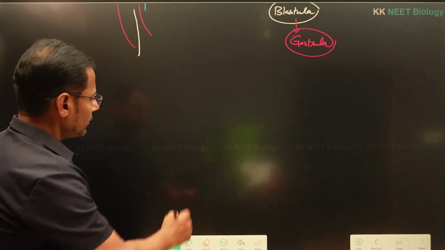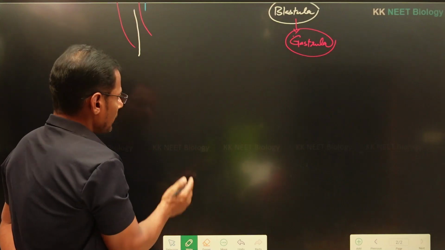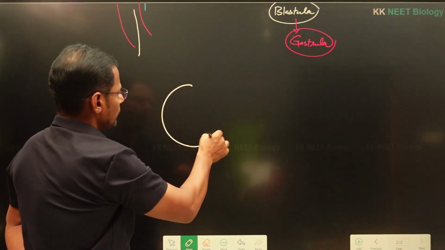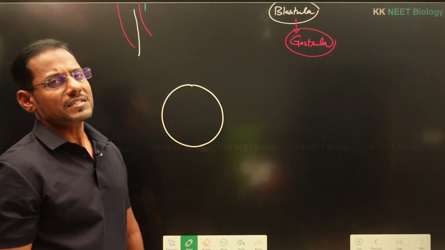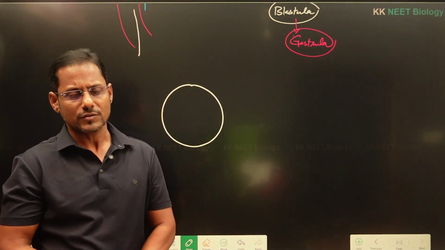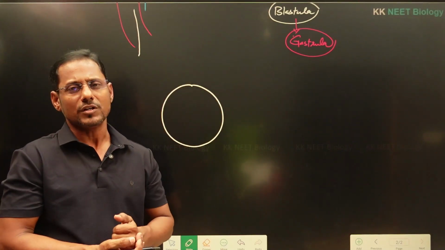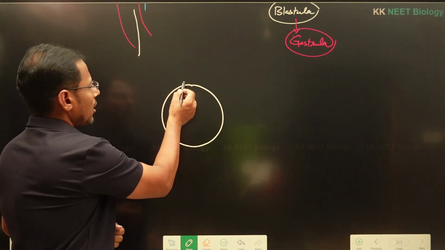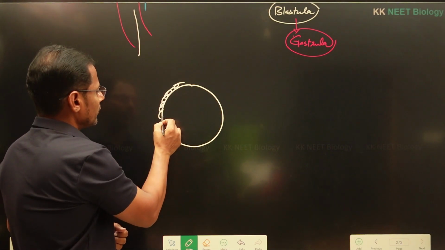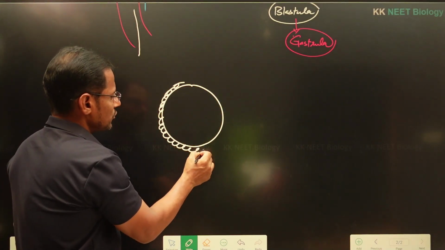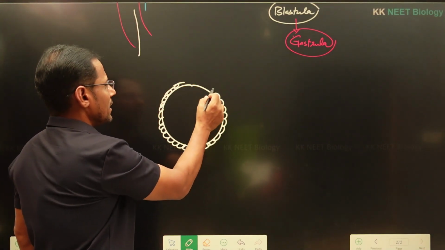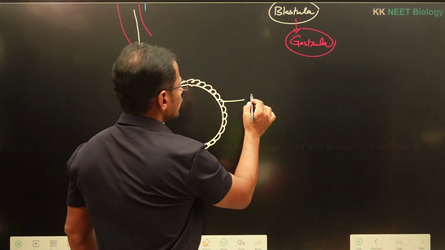The cells are going to be arranged in two layers or two groups when it is converting into the gastrula stage. Now the outermost layer of this embryonic stage is known as the trophoblast.